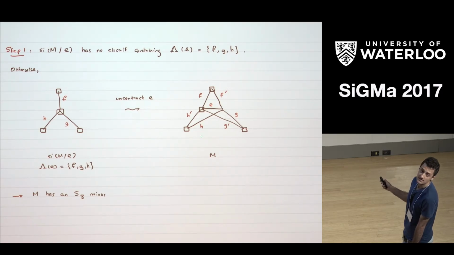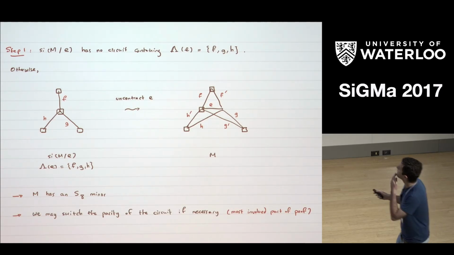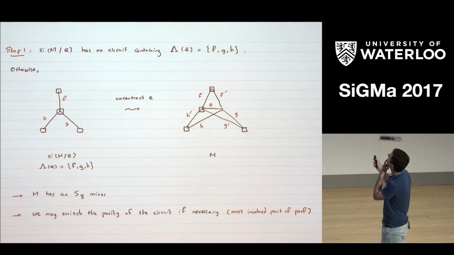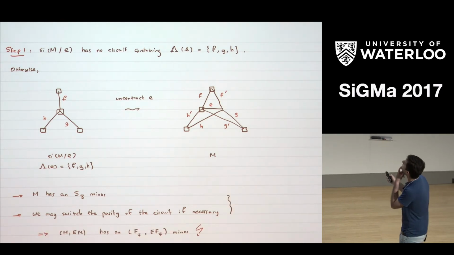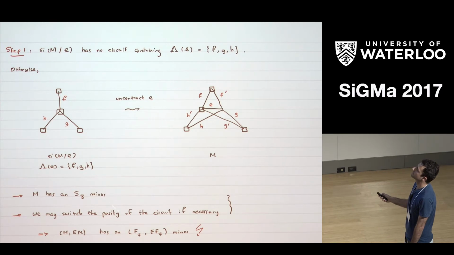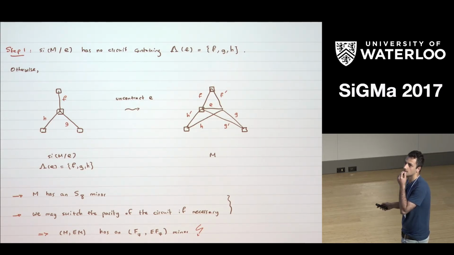And this is just S8. So M has an S8 minor. And the most involved part of the proof is saying that we can switch the parity of this circuit that I have here if necessary. With that, you put those 2 together and you get that M has an F7, or F7 star, minor, because S8 essentially has an F7 minor. And if you know that this circuit can have either parity, then you put it together and you get an F7 or F7 star minor.